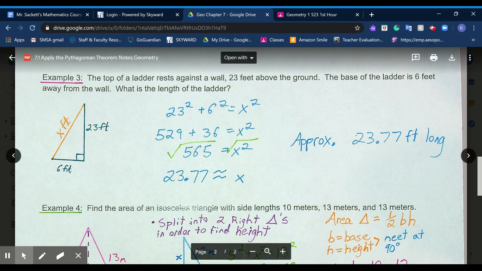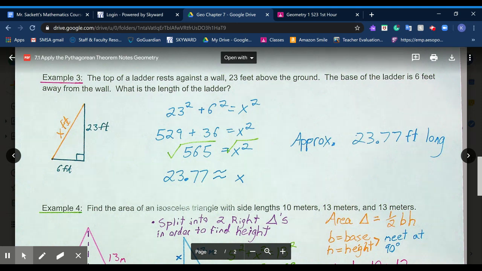So I know my side of the triangle going directly up is 23 feet. The base of the ladder is 6 feet away from the wall, so those two sides meet at the right angle, and they're my two legs, 23 feet and 6 feet. We are solving for the length of the ladder, which in this case is our hypotenuse, so x feet.